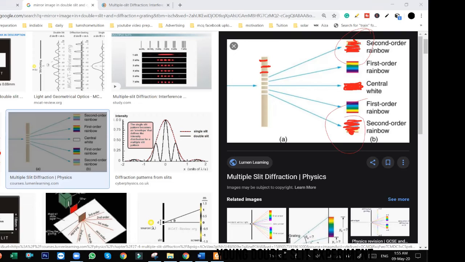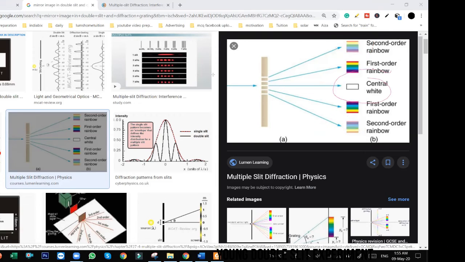You will get bright light over here if you increase the number of slits. Actually, here the light is covering the same distance, and this light is also covering the same distance. So that's why we get bright light over here.